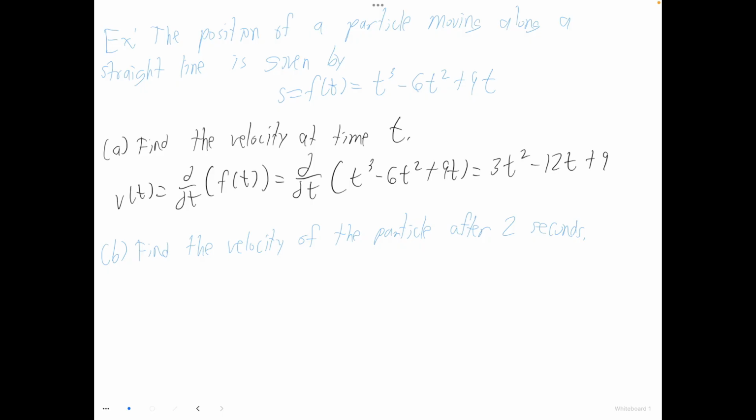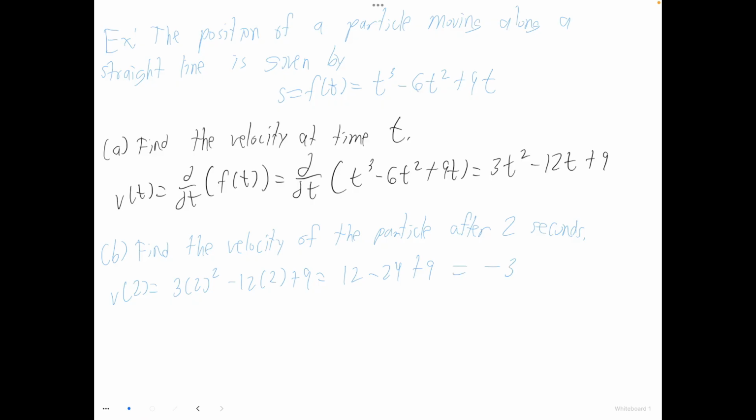That's all the velocity of the particle after 2 seconds is, so we want v of 2. So we're just going to plug 2 into our derivative expression. So this gives us 3 times 4, which is 12, minus 24 plus 9. So plugging this all in, we end up with negative 3.